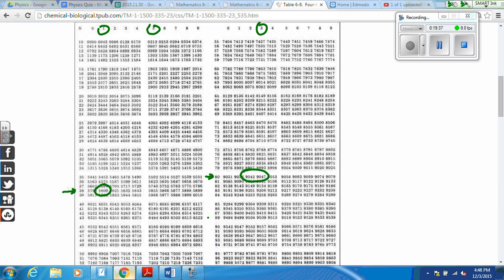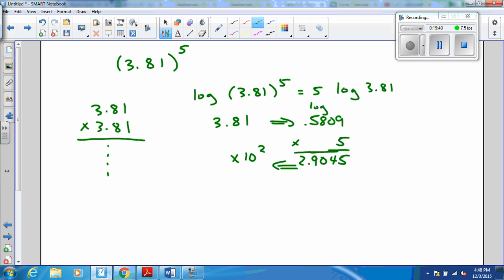This is the closest digit, 8.03, times 10 to the 2, or 803. That's not bad, especially considering that the alternative was to do 4 different multiplications.